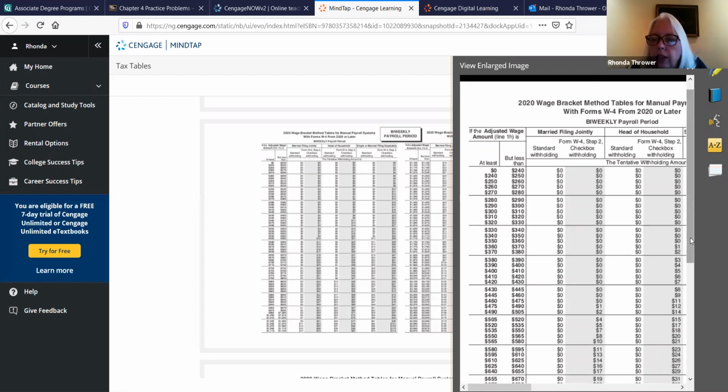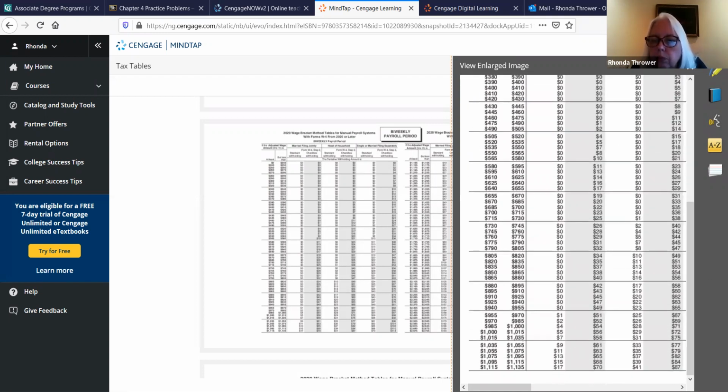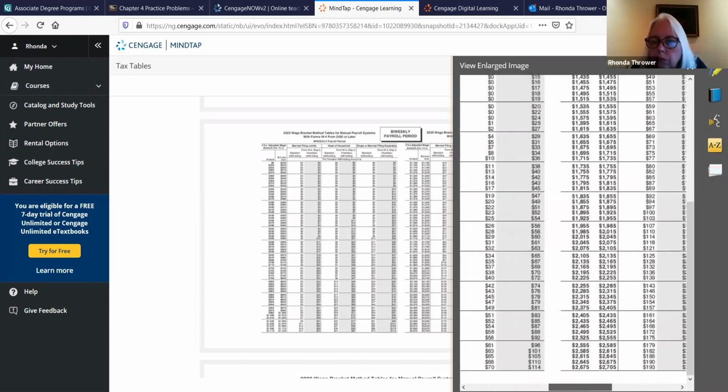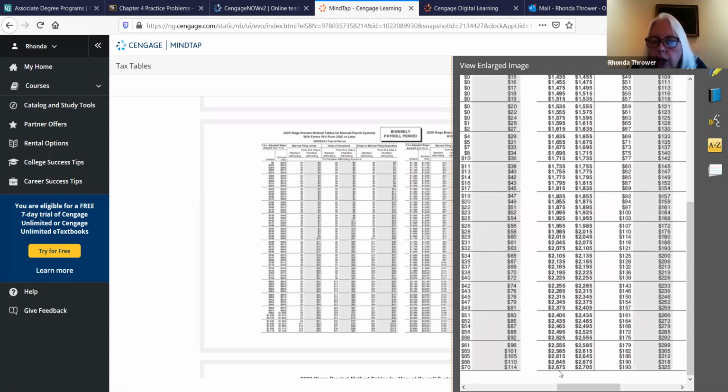I'm going to look to see if the first table has it. The amount would not be located on the first table. Remember, we're looking for $3,010 in wages, and it will not fit on this table here.